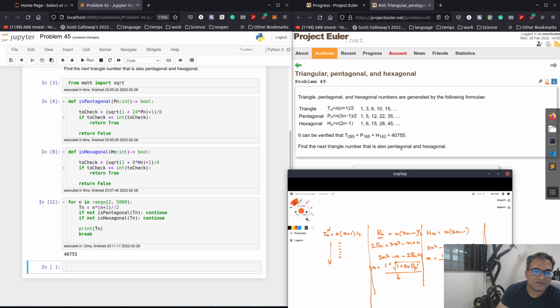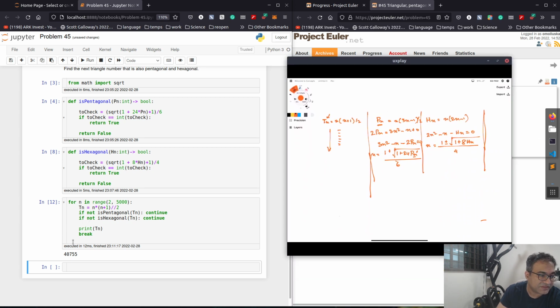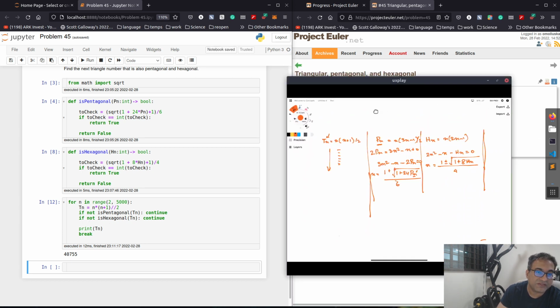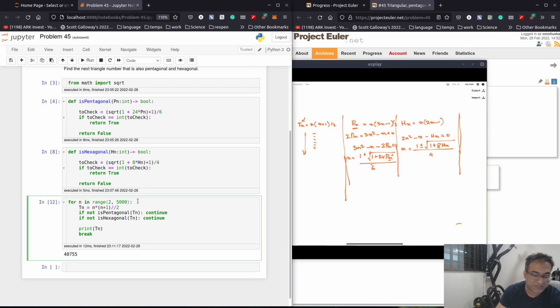Find the next triangle number. So this is the triangle number that we're looking for. Okay. 40755. That's the one after this is what they're looking for. 285. So I need to start with 286.